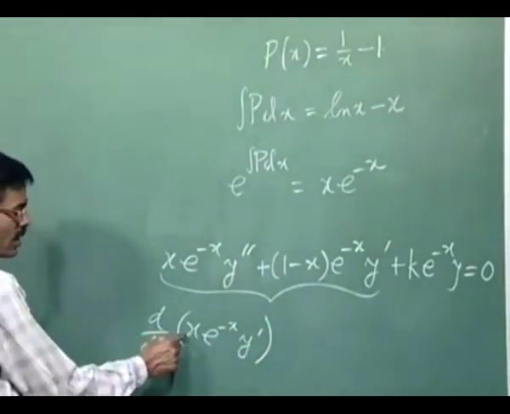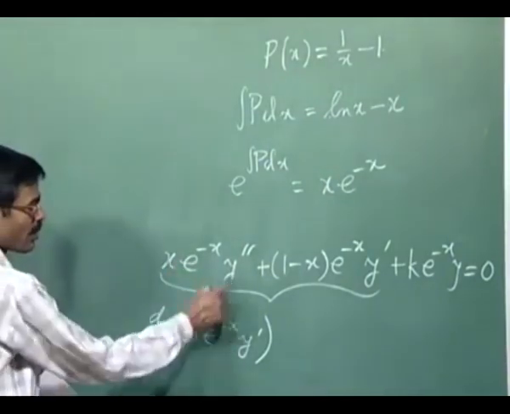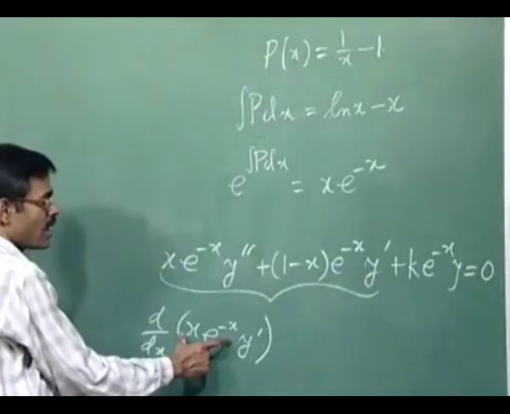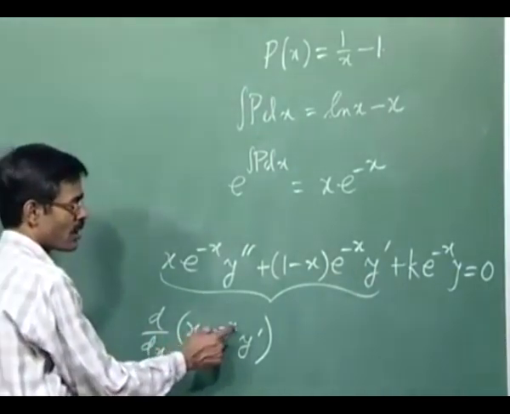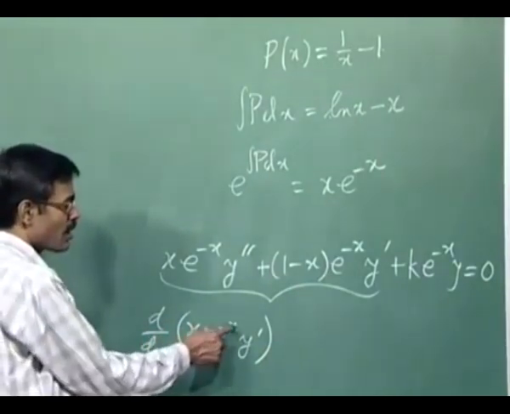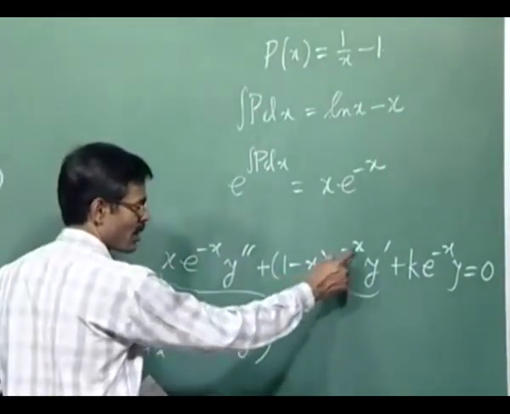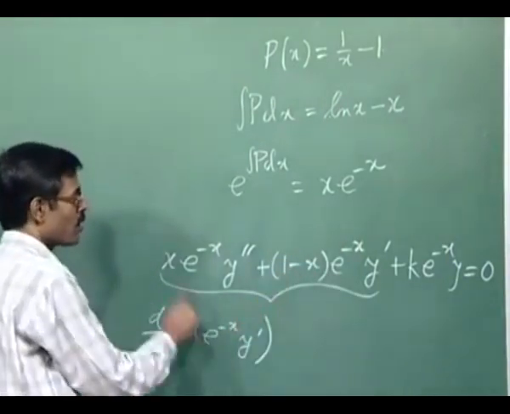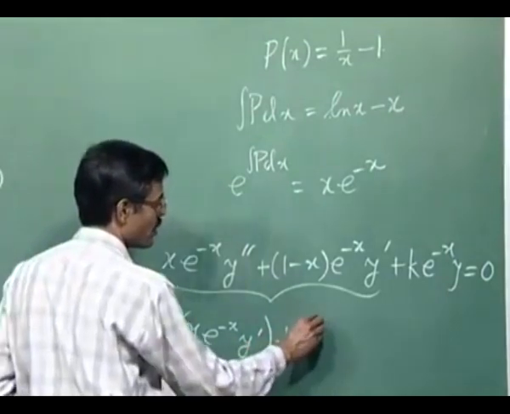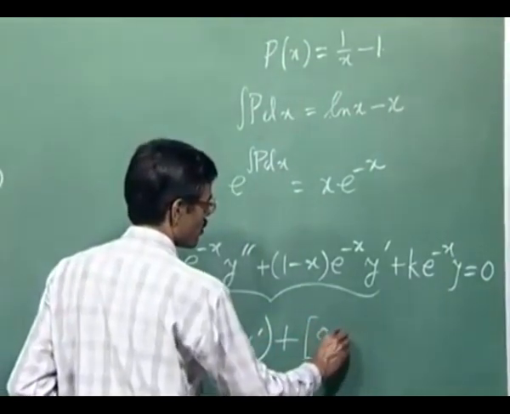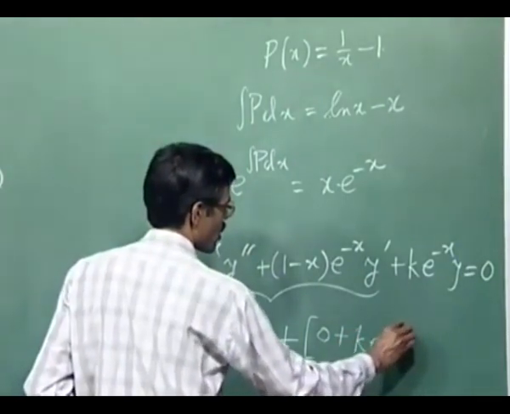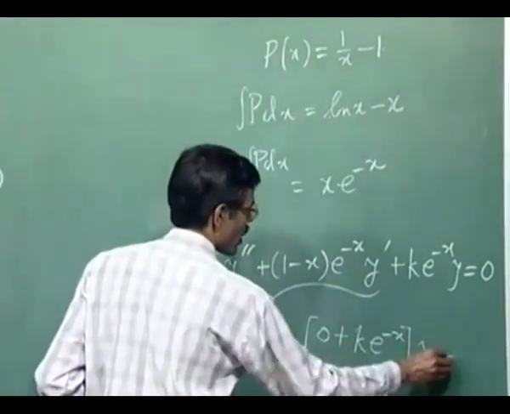We can verify it: x into e to the power minus x into y double prime, and then y prime into the derivative of this. The derivative of this will be 1 into e to the power minus x, which is here, and then x into e to the power minus x with a negative sign, that is here. So, the terms from here to here turn out to be this, and then we have here 0 plus this y equal to 0.